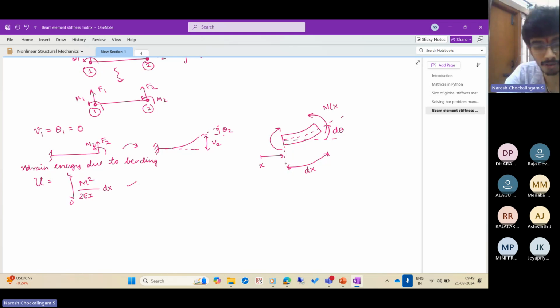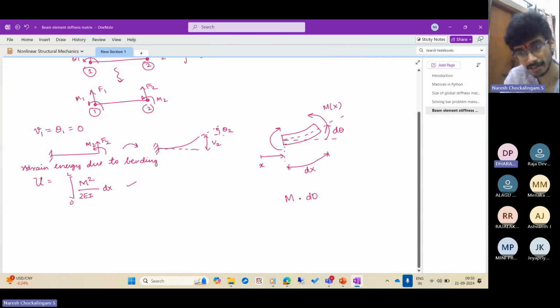So it's dW, not delta W. In this small section of the beam, what is the work done? The work is done by this moment, right? So it is m d theta. You can say moment is complementary to the rotation, so it is just m d theta.